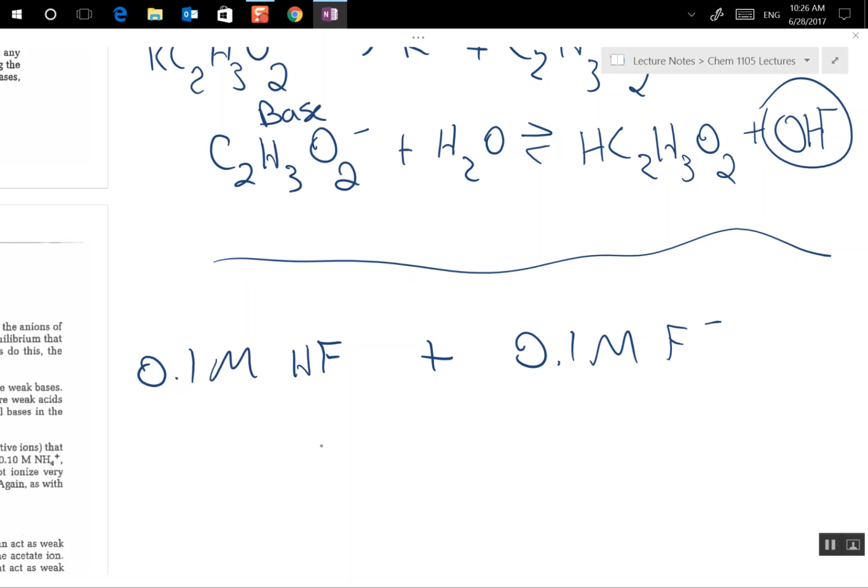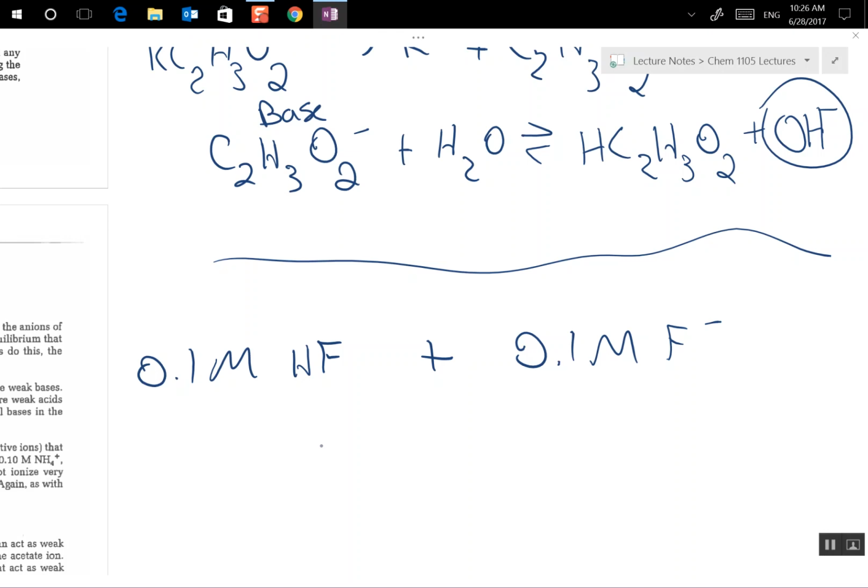So the solution would still be acidic, but there's a very important characteristic that it has now, which we describe as a buffer. And buffers are solutions that resist changes to pH.